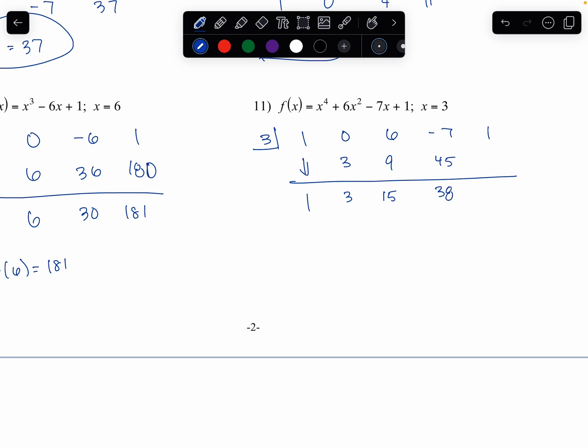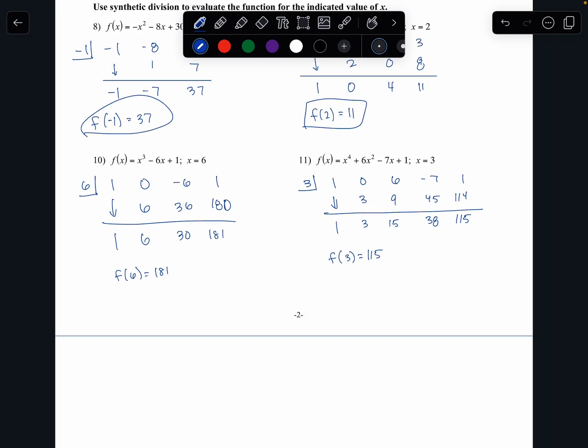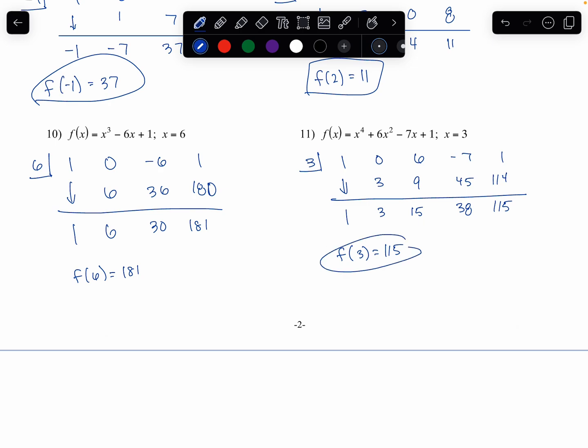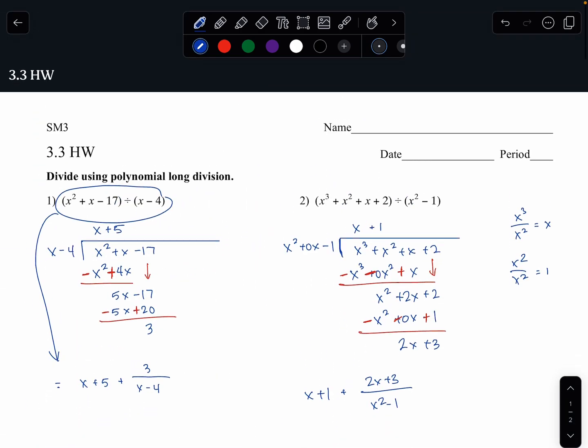And 38 times 3 is 114. Just making sure I'm doing that right, and 115. So f of 3 is equal to 115. And there you go. That's everything for this homework assignment.